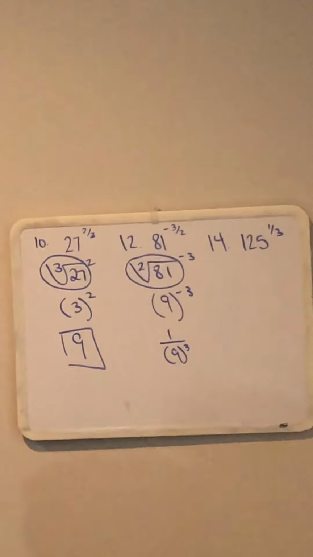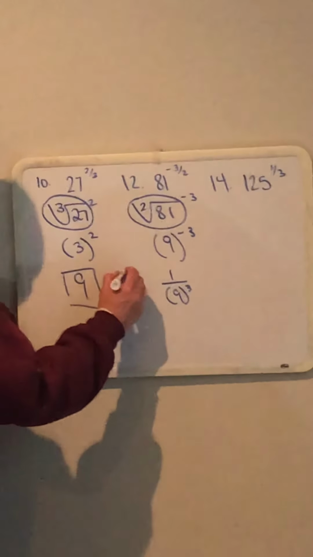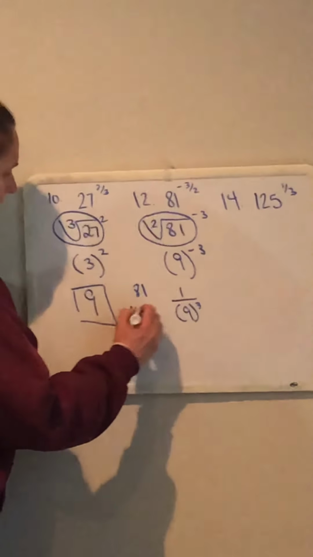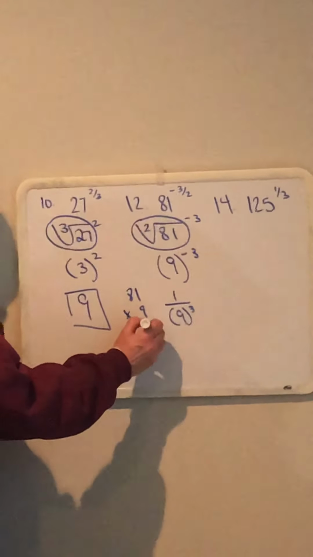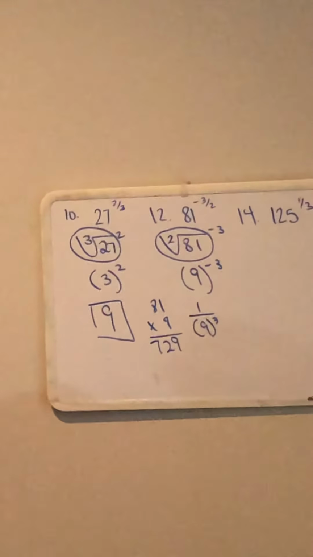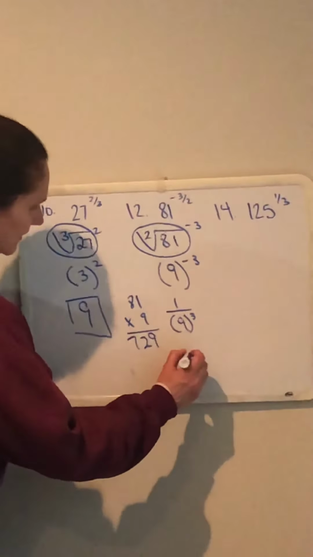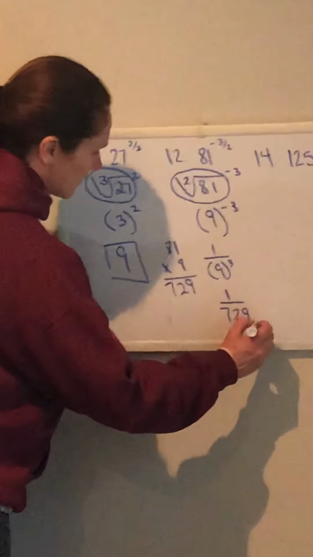Now I have to do 9 to the 3rd. Well, 9 times 9 is 81, and then I have to do 81 times 9. 9 times 1 is 9. 9 times 8 is 72. So 9 to the 3rd is 729. So the answer is 1 over 729.